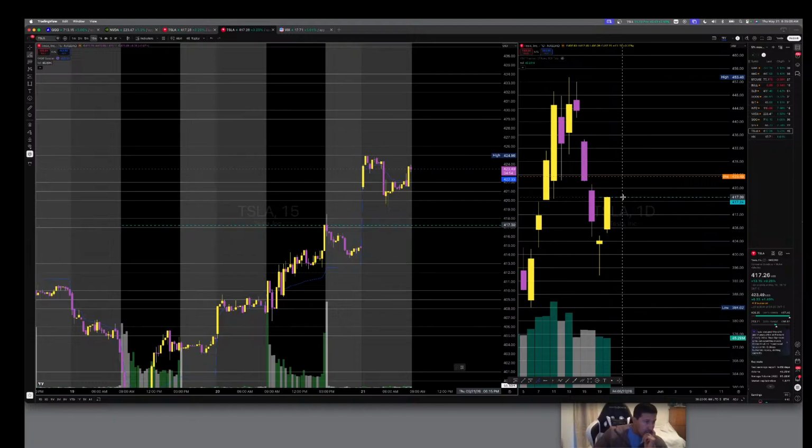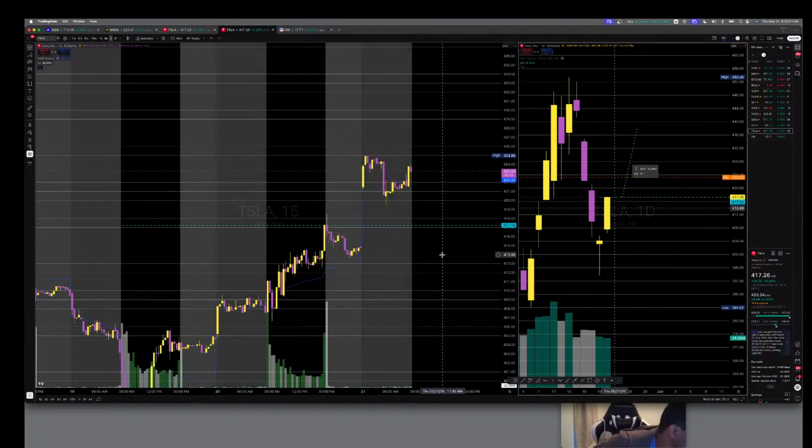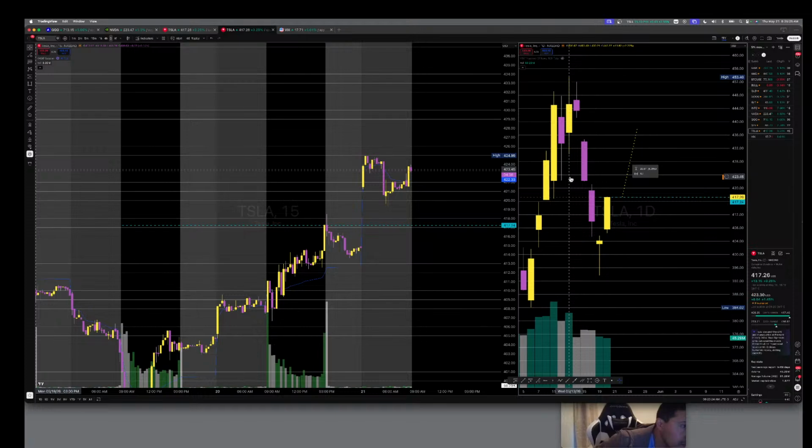Tesla can go higher, up to 5. Right there. Takes me a long time to make this type of analysis, man. We're currently like 1.5 up pre-market.